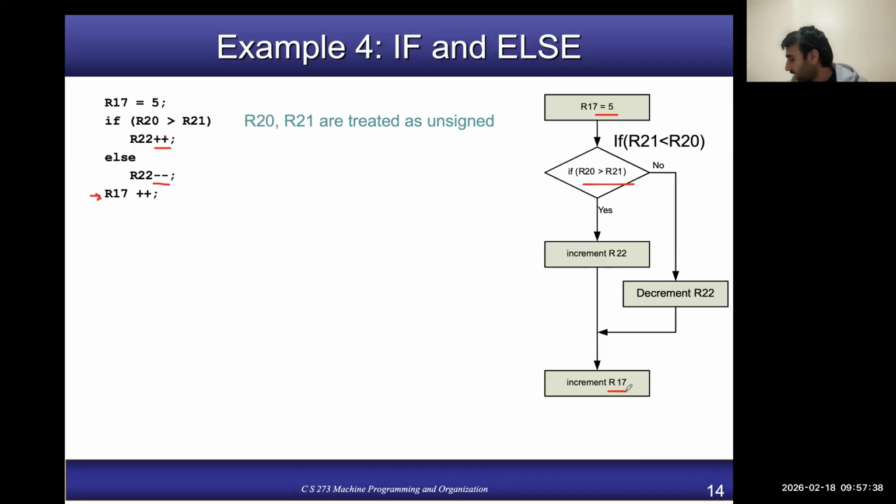So go ahead and give it a try. And again, as I said, the best way is to redraw the figure and then write the code. So I'm also doing the same thing here.